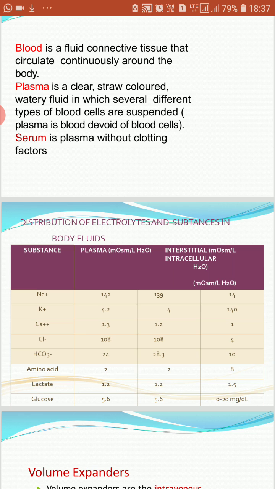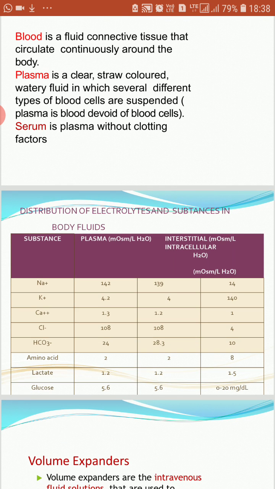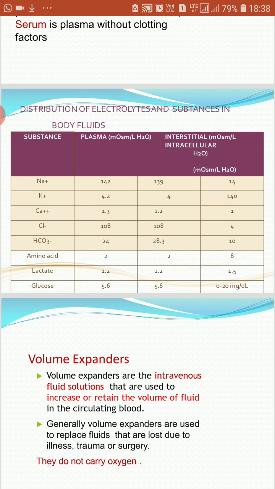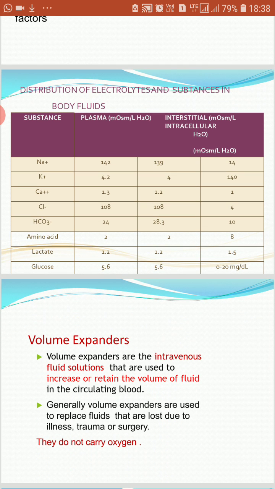Whereas intracellularly, as all of you know, sodium is less and potassium is more. So sodium is 14, potassium is 140, calcium is 1, chloride is 4. This is the distribution of electrolytes in different body fluids: plasma, interstitial and intracellular.